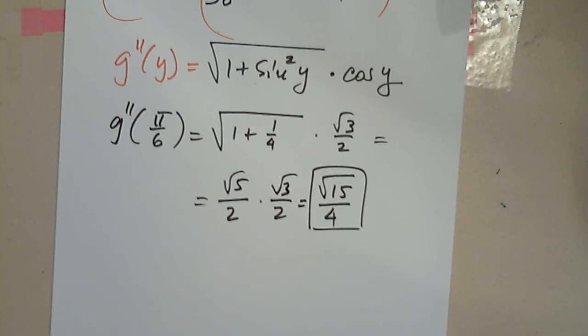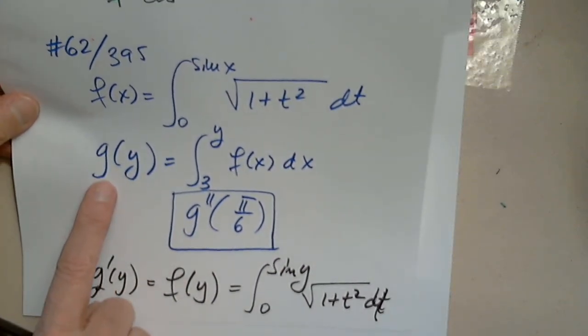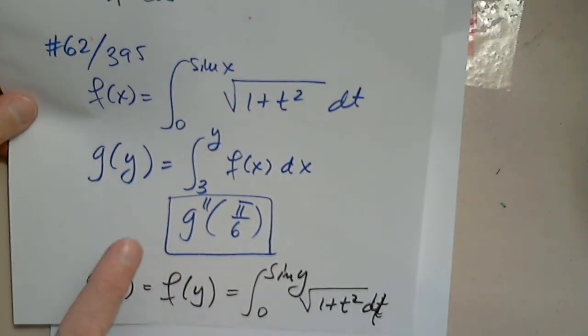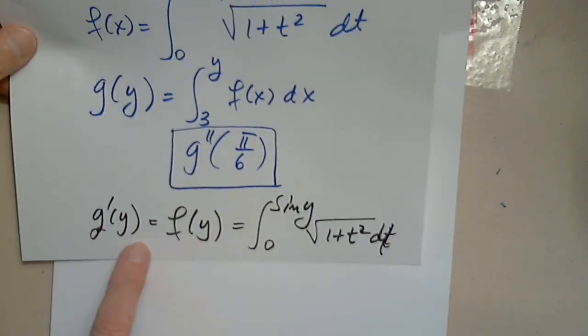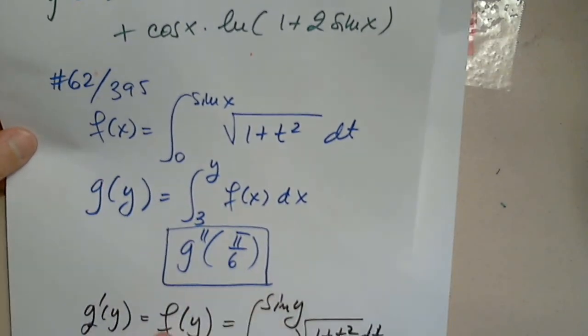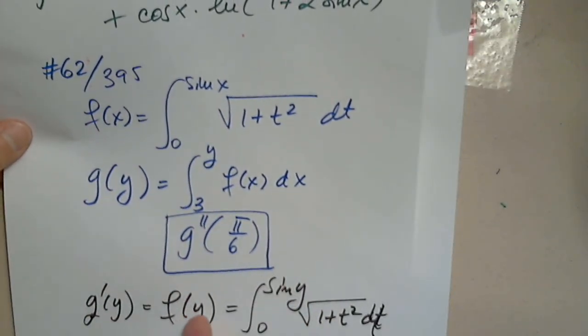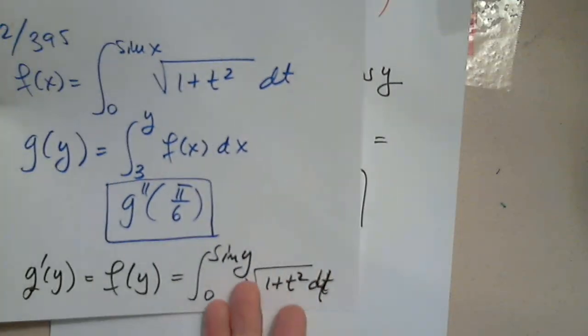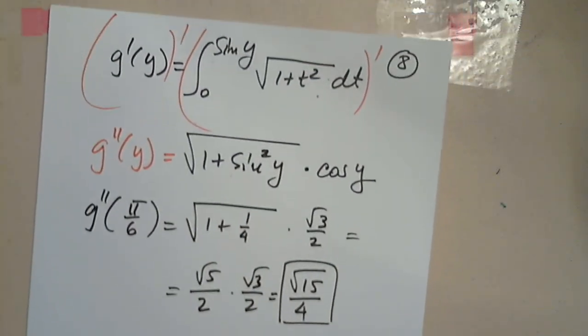So we applied the fundamental theorem of calculus twice. Once to determine the first derivative of a function given in the form of an integral. Then we realized that if this is f of x or f of y, it doesn't matter. It's the same function. I just have to replace x by y. And then I differentiate again to get the second derivative, applying the same procedure again.